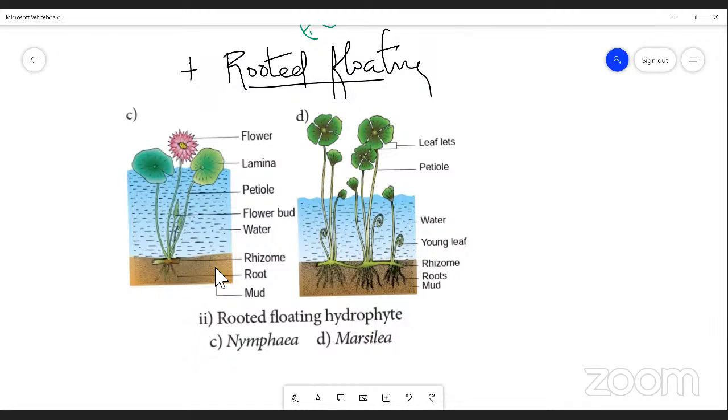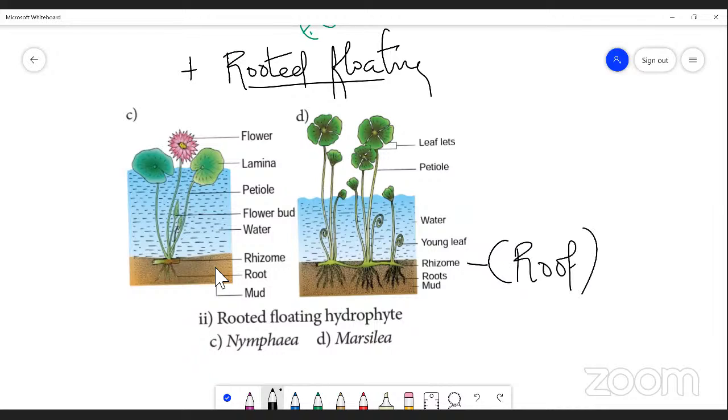Why is it called rooted? Because the root system is fixed in the soil. If you take any water body in which some plants' roots are fixed in the mud, the root system grows towards the surface of water, and the leaves are floating at the surface of water.